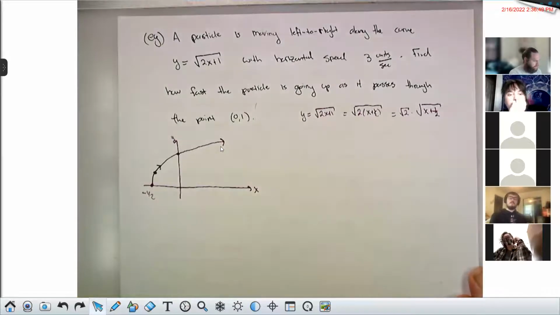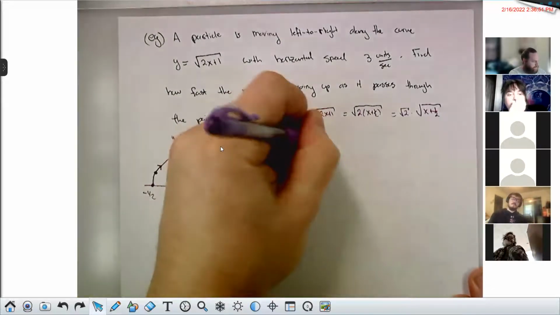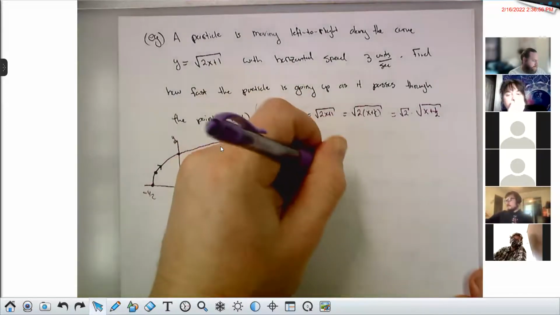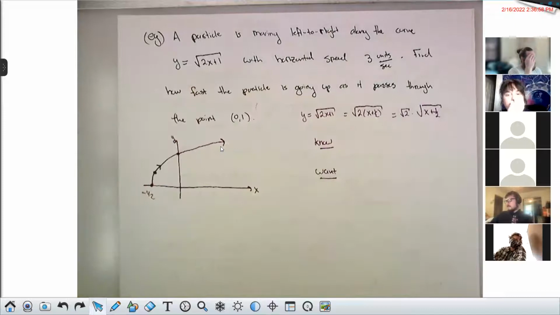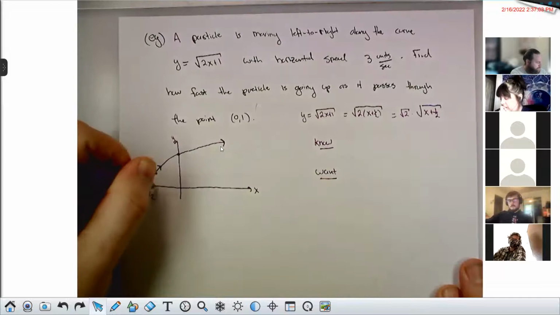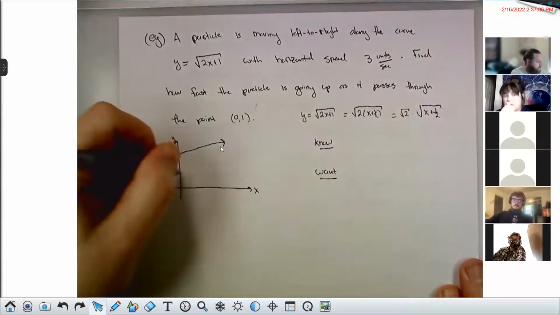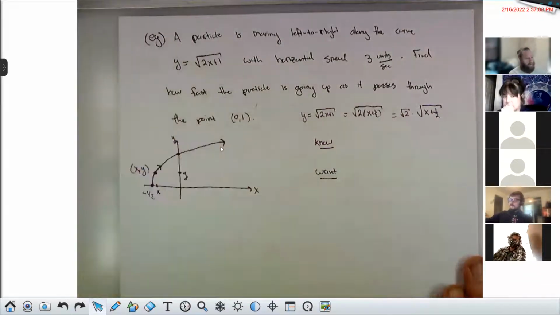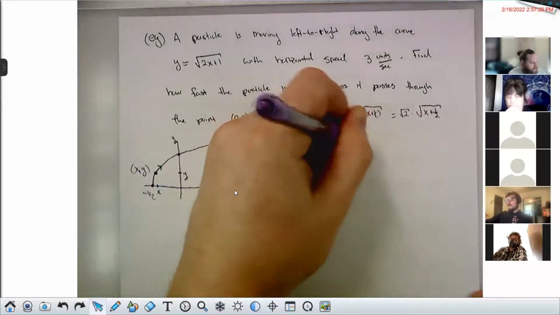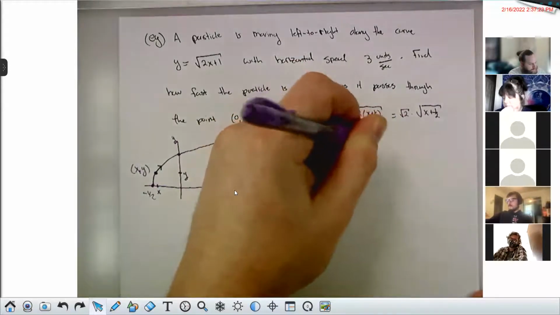The trick, of course, is to identify what you know and what you want. So if I label this point as (x, y), here's x, here's y, then the fact that the particle is moving at a constant speed of 3 units per second to the right tells me that dx/dt is equal to 3.